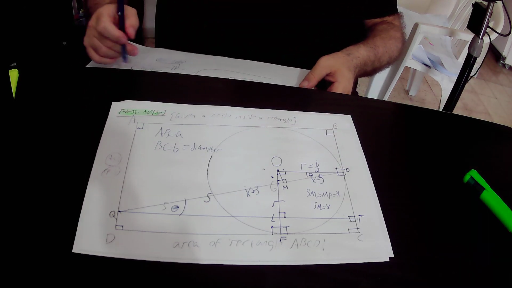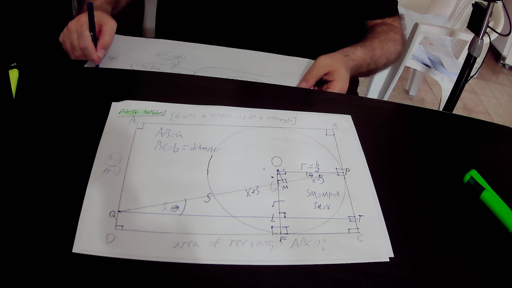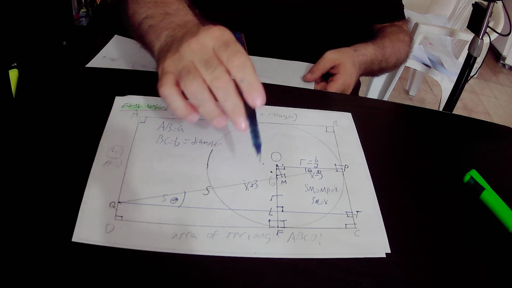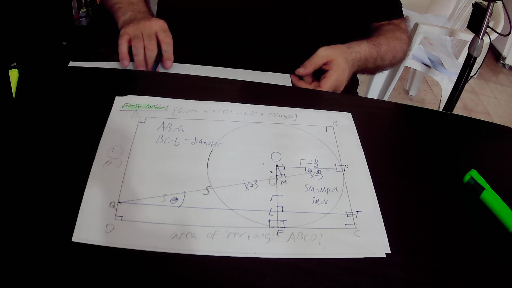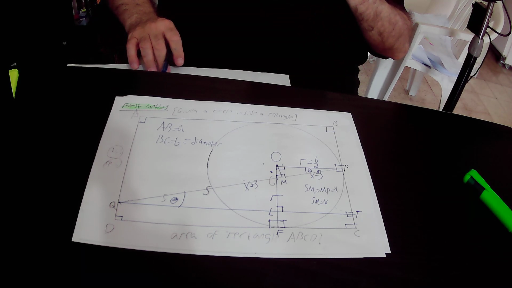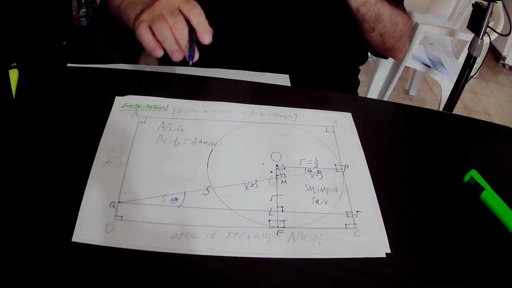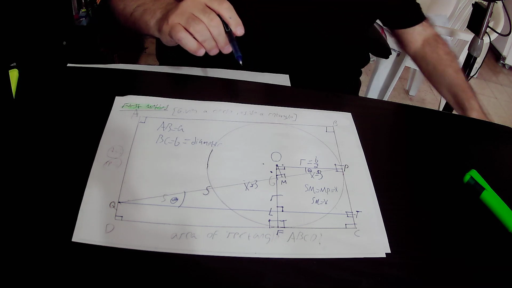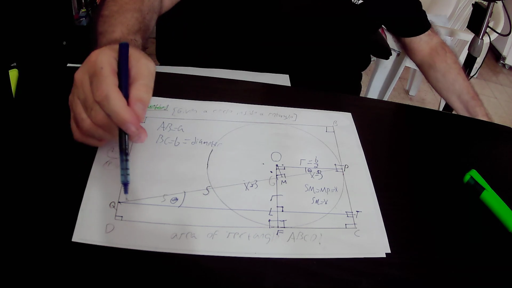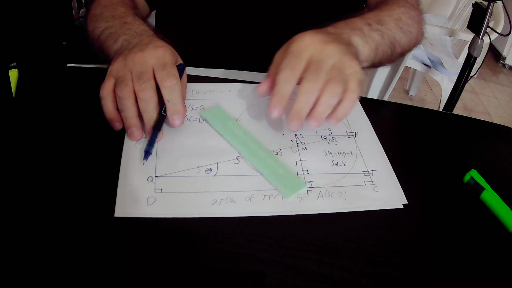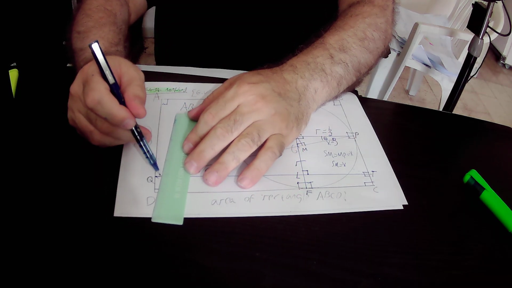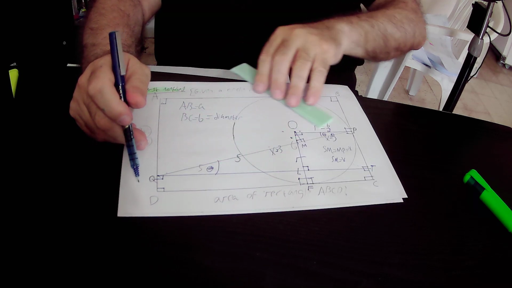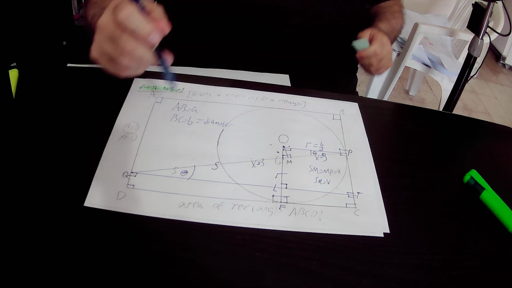So in the next step, we focus on quadrilateral QTDC. In quadrilateral QTDC, we have 1, 2, 3 right angles. Therefore, the fourth angle, this angle, must also equal 90 degrees. So quadrilateral QTDC has 4 right angles.